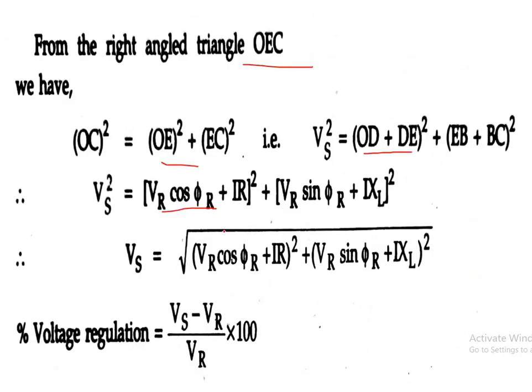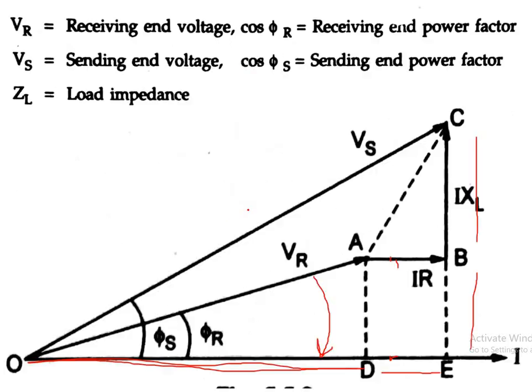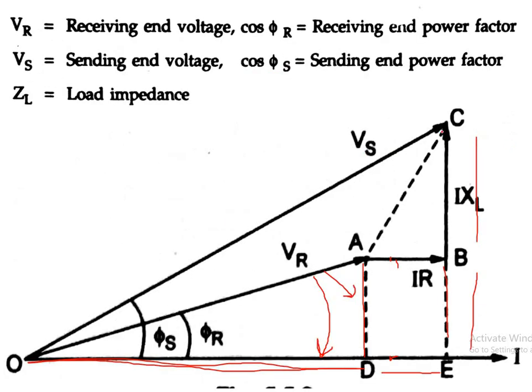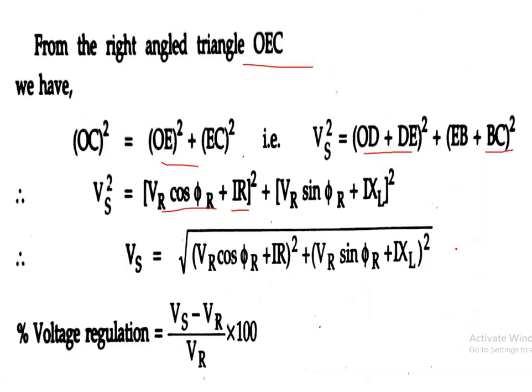So VR cos phi r plus IR whole square. Similarly, EB is the same as AD. The component for AD is VR sin phi r. So EB equals VR sin phi r, plus BC. Just look here, BC is nothing but I into X.